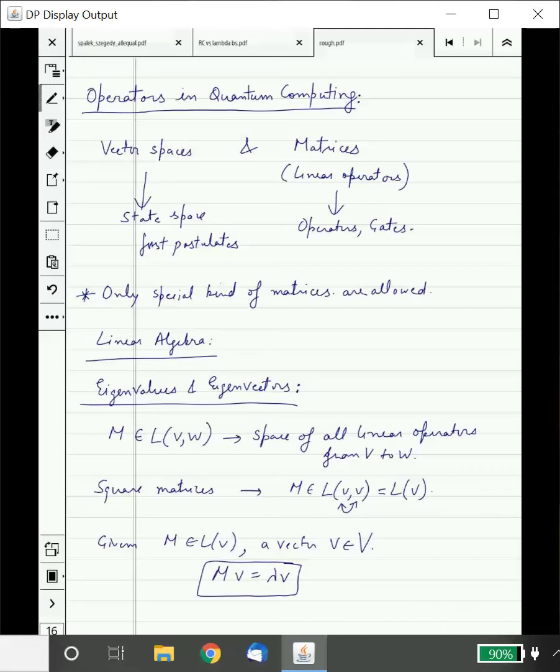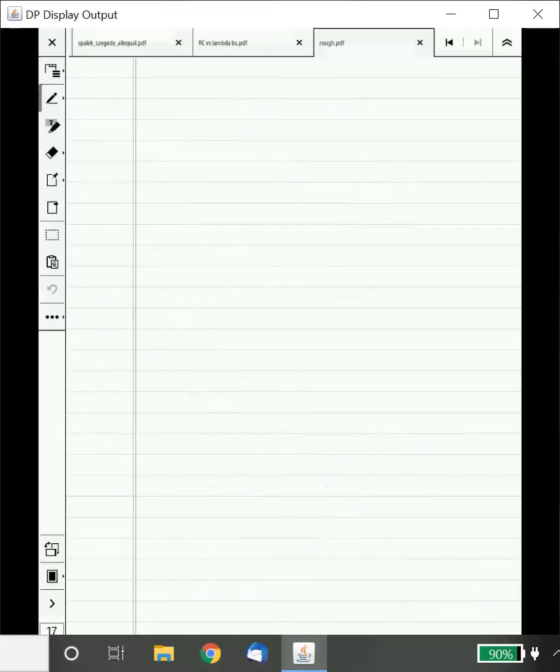This stretch factor is called the eigenvalue of eigenvector V. This is pretty basic and I'm sure you know about this. Let's look at a few more properties of these eigenvalues and eigenvectors.